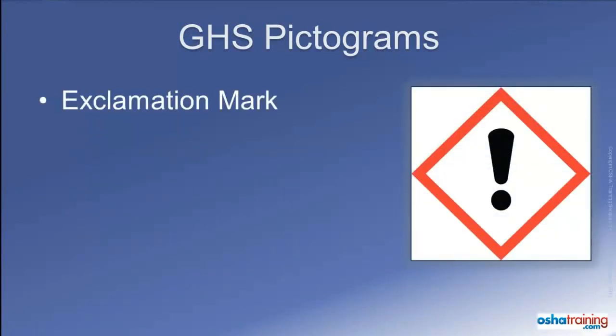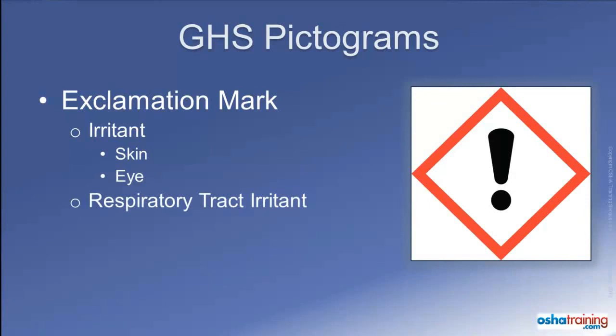A very broad category of chemicals and products are identified by the next pictogram, which is an exclamation mark. This symbol is associated with several products and chemicals that, relatively speaking, represent lesser levels of health hazard, but still require you to take precautions. For example, many chemicals and products are considered an irritant to your skin or to your eyes, while others can have a similar effect on your respiratory tract when they are inhaled.